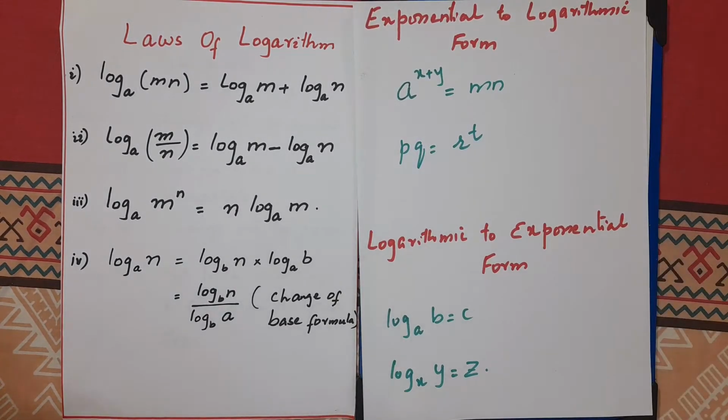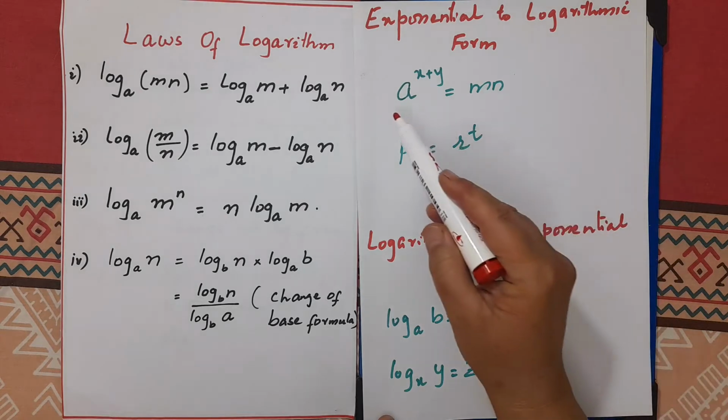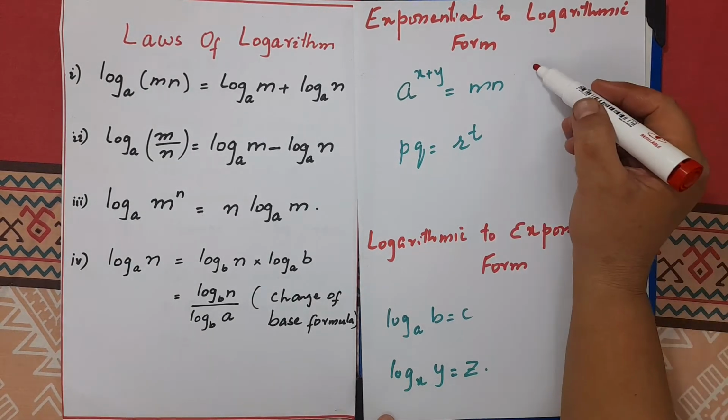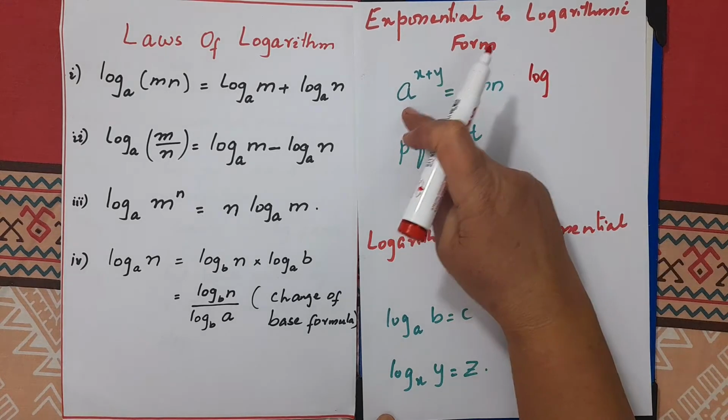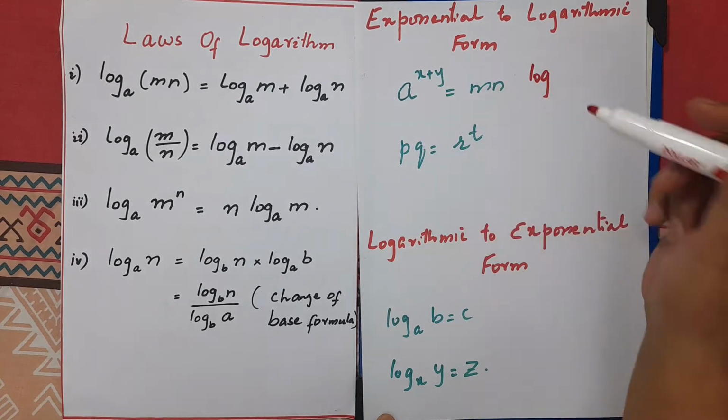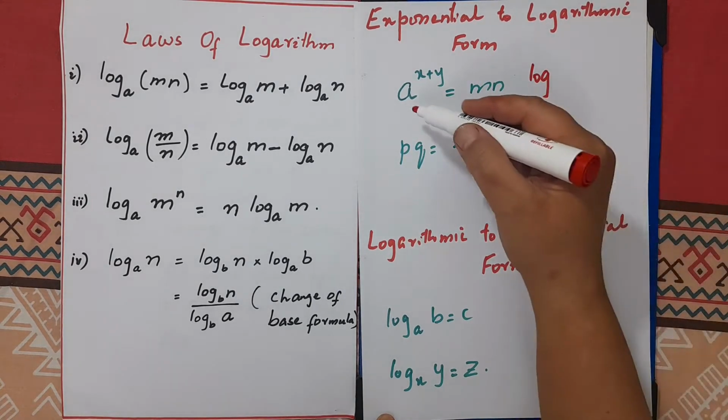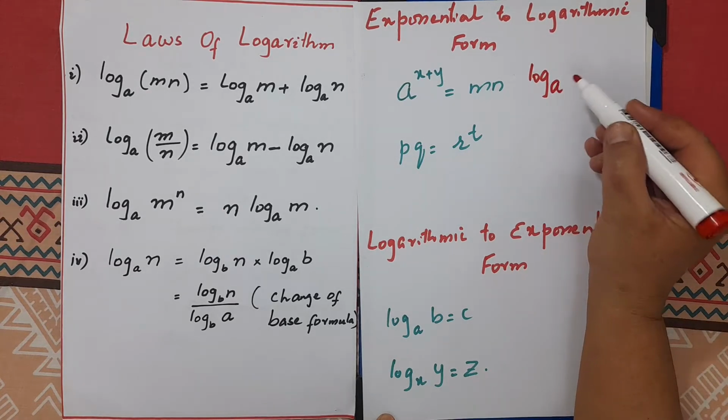How to change from exponential to logarithmic or from logarithmic to exponential form. This is the exponential form. To get it converted into logarithmic, this is the base, this is the power, and this is the answer. Log base, we are going to get it written here.